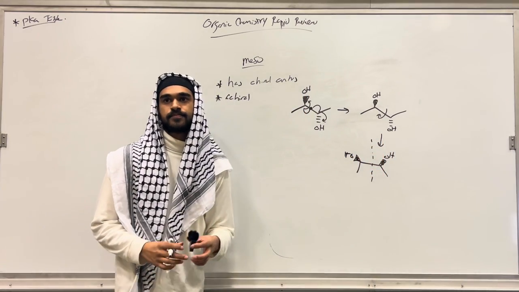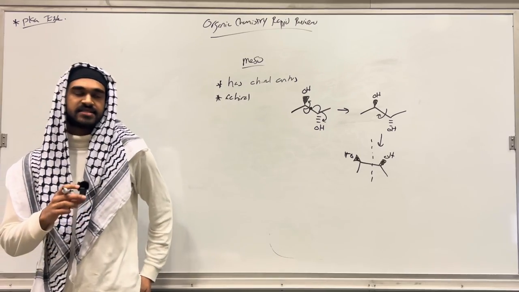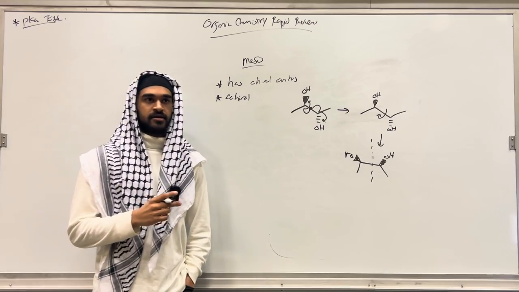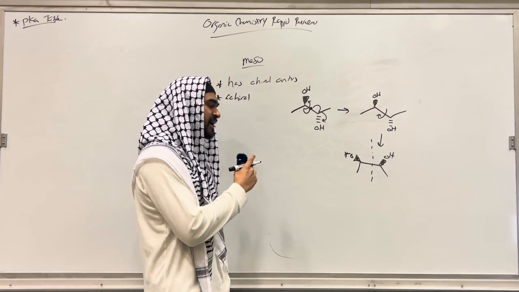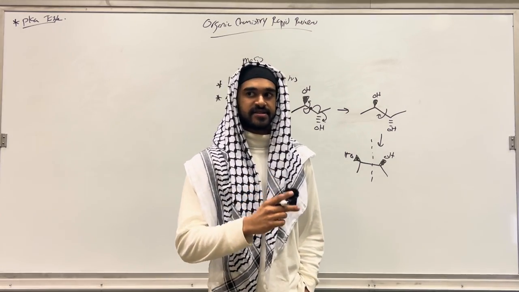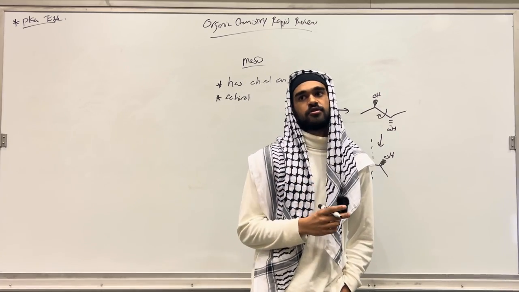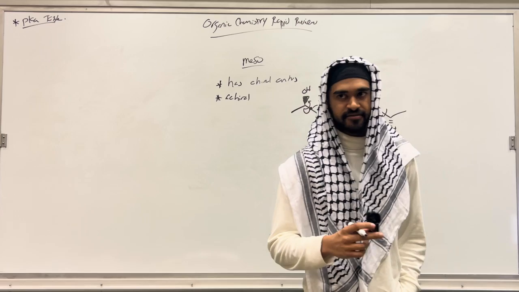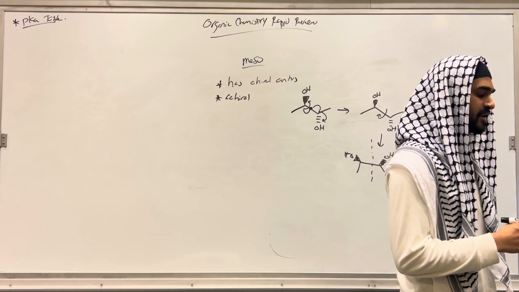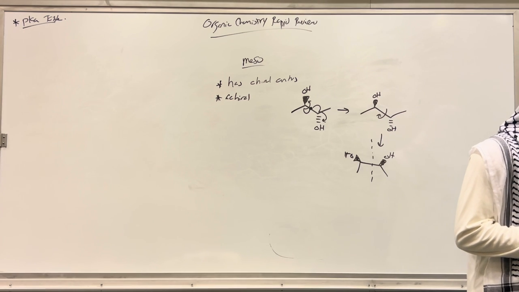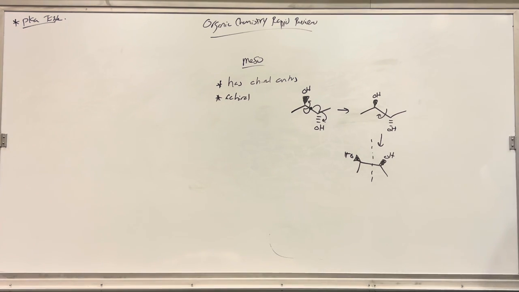Mirror plane. And since it's the same on either side of the mirror, the rotation given by one chiral center is canceled out by the other chiral center. The rotation of what? Plane polarized light. That is the definition of chirality: something that rotates plane polarized light. Okay.